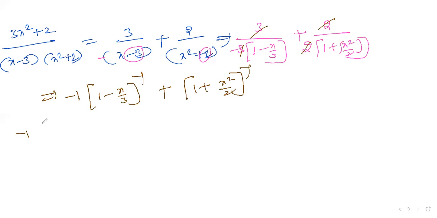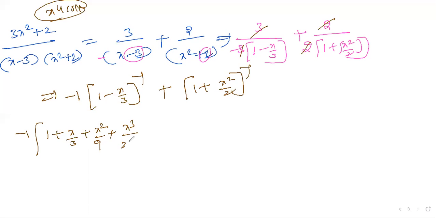The question is asking for the x power 4 coefficient, so x power 4 is enough. 1 plus x square, 3 square is 9, x cube, 3 cubed is 27, x power 4 is 81, and so on.